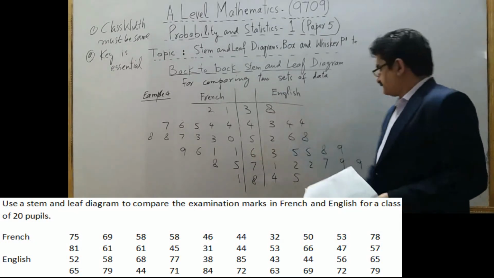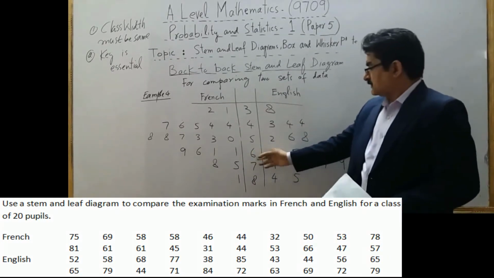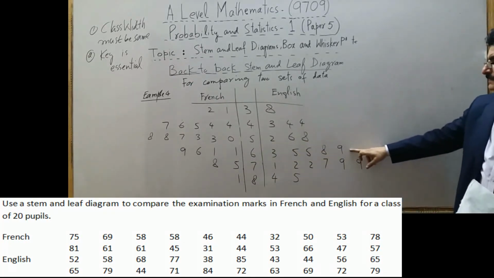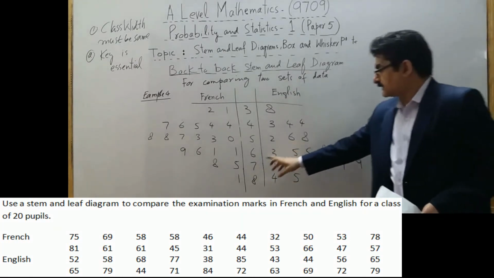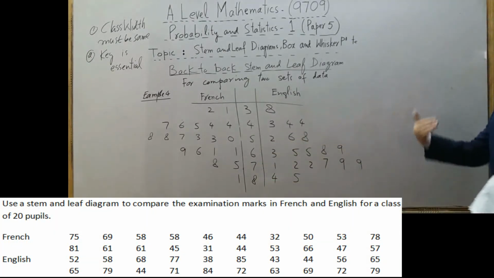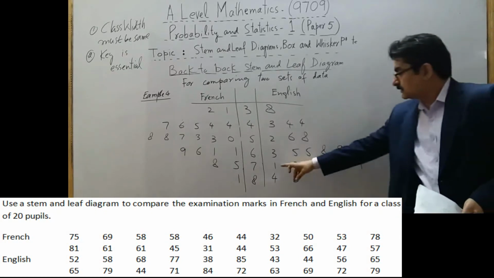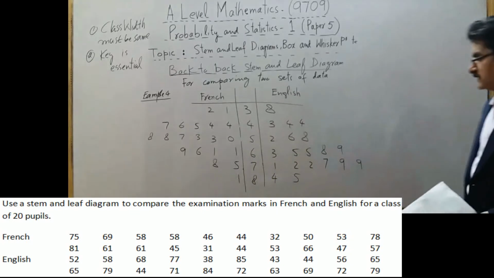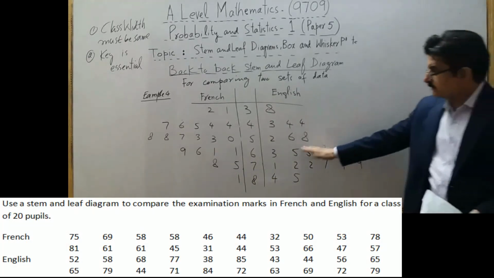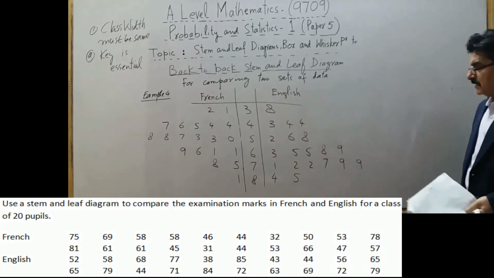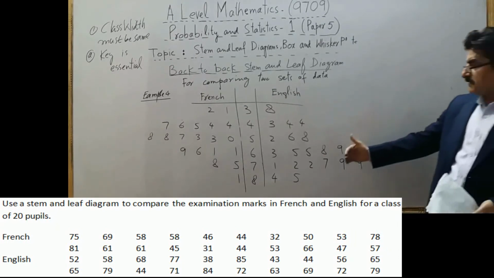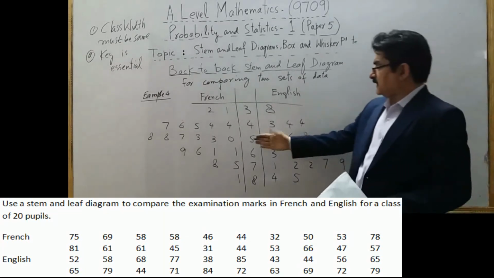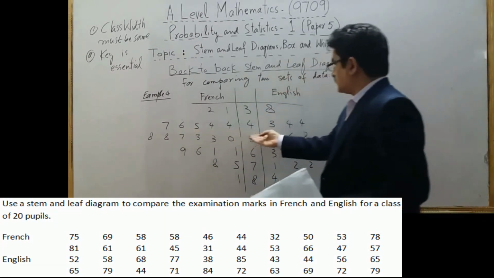But after that, for marks greater than 60, the students in English are greater. Again, students who got marks more than 70 are also almost double: here we have two students and only one student. So greater marks are obtained by English students. It means they showed better performance in English, because in French there are more students getting lesser marks.